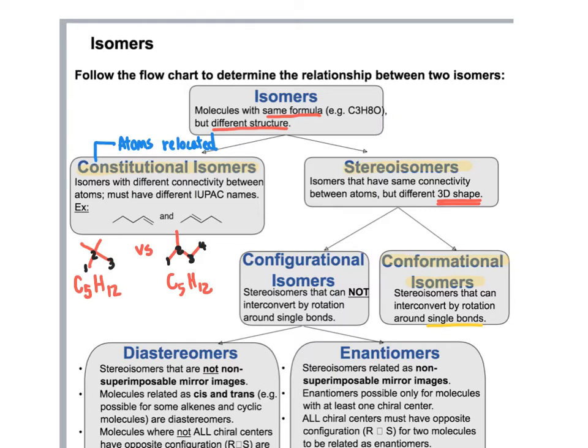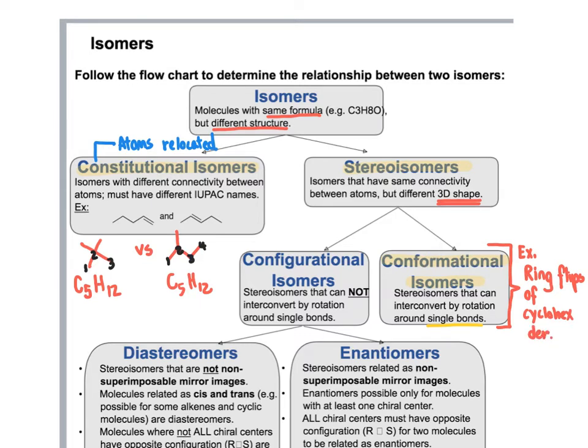So examples of conformational isomers would be if we had 2 cyclohexane derivatives that are related as ring-flipped versions of one another, we would describe those as being conformational isomers. So examples of conformational isomers include ring flips of cyclohexane derivatives that we covered a couple of chapters ago.